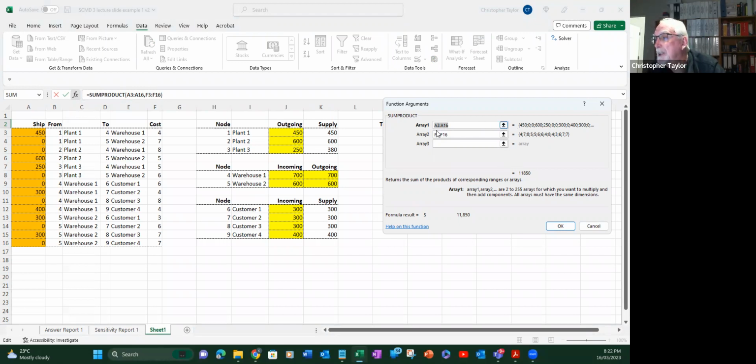It's pretty easy. We've got A3 to A16, which is one array, just a collection of cells straight down there. And the second array is F3 to F16. So you're just multiplying this array by that array. How easy is that? Gosh, you thought this was hard. This is child's play.